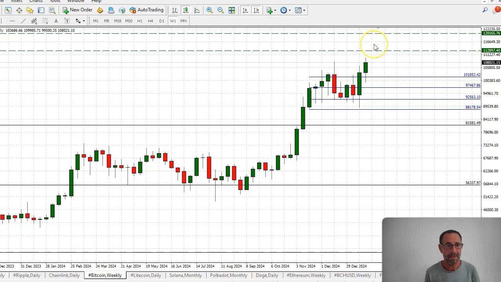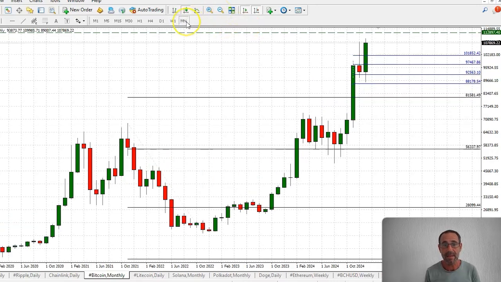So there's upside potential here with the Bitcoin at this moment. But I have to say this. We saw what happened last month. Last month, price action was starting to drill through 101.852, and it got way beyond that point, right?